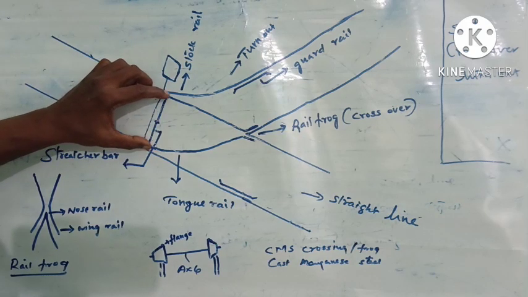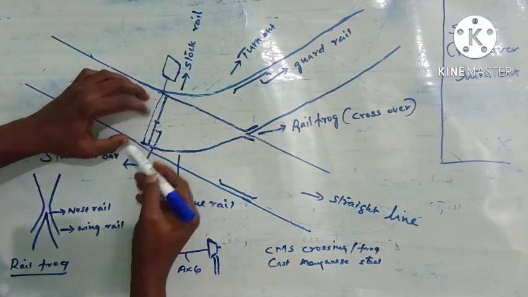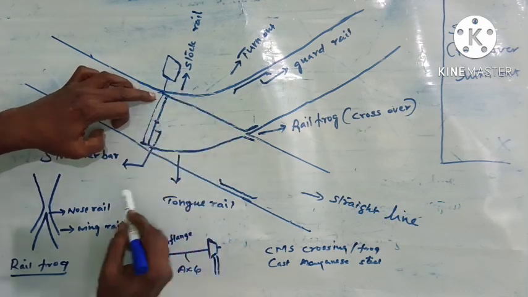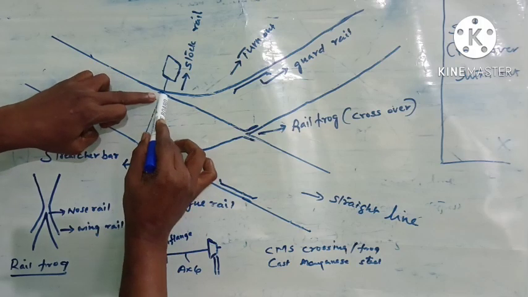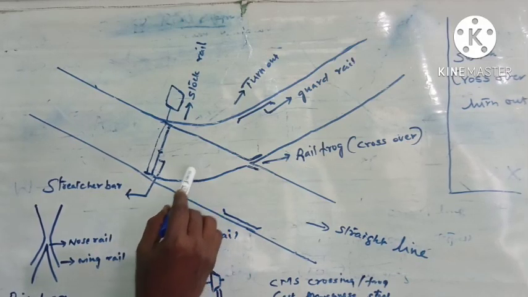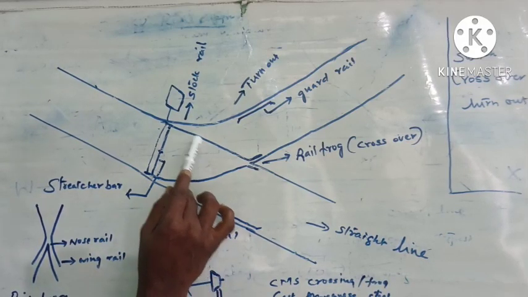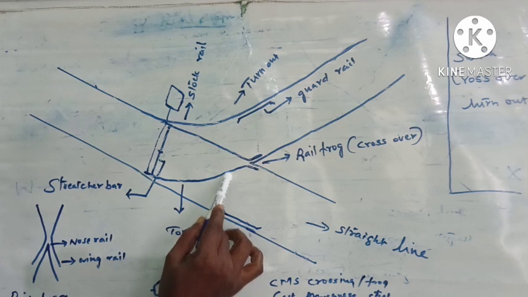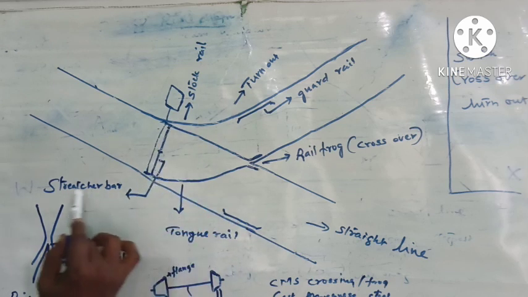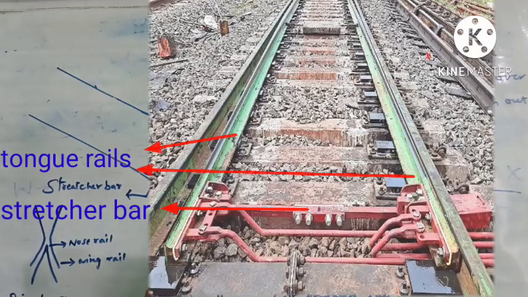So this switch can be either moved towards this direction, towards this rail, or this can be moved towards the other direction. Now this is moved towards this direction. These two rail pieces are called tongue rails. So one tongue rail and another tongue rail. These two tongue rails are connected here with a stretcher bar. So we can say a switch is composed of two tongue rails connected with a stretcher bar.